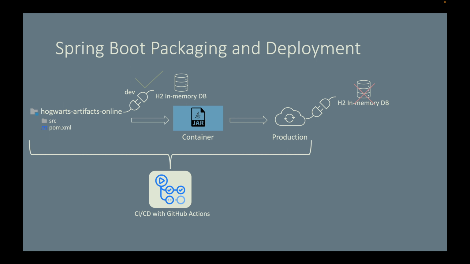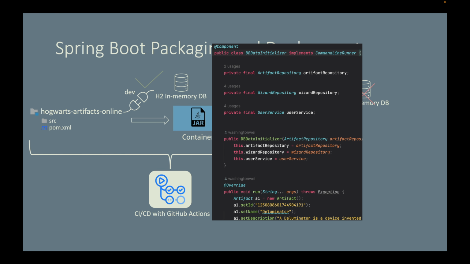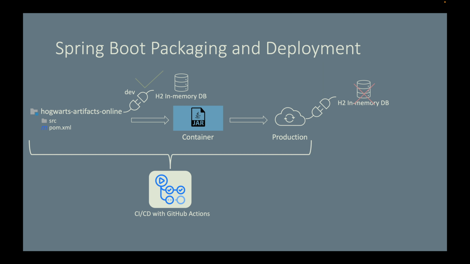In-memory databases do not provide persistent storage. Recall that we need to populate the H2 database when the application starts, and be prepared to throw away the data when the application shuts down.